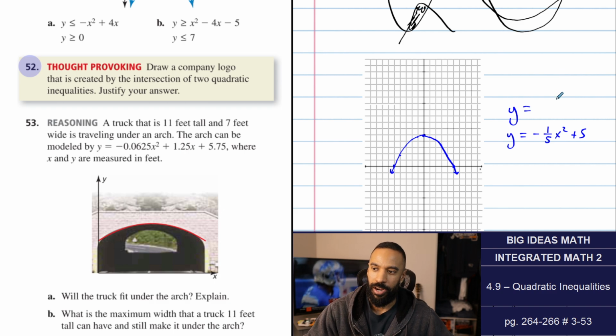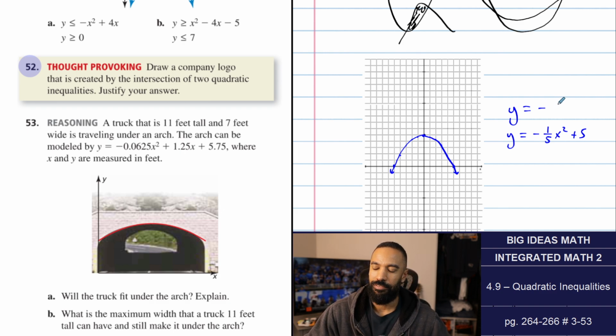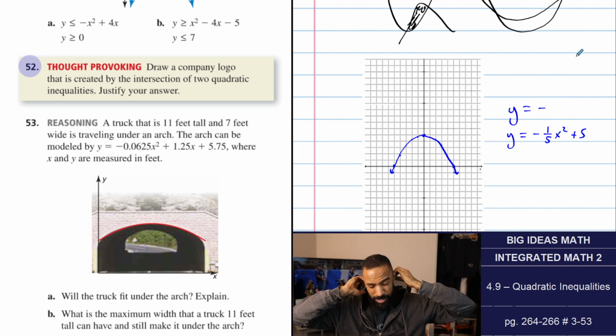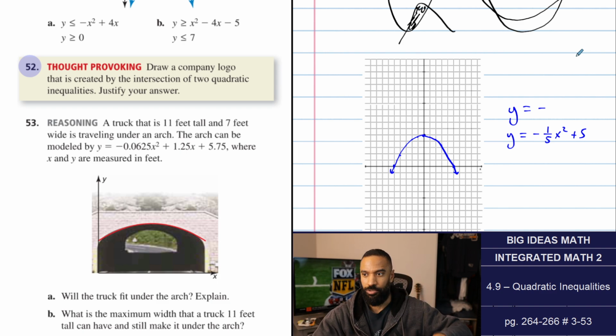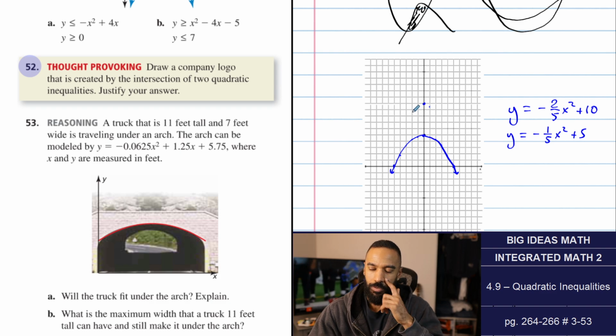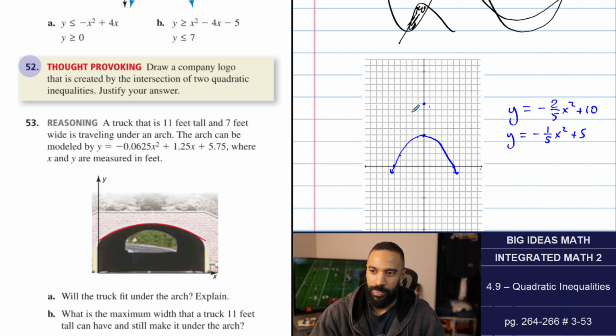They'll all be weird. I already created one that's weird. Over 5, instead of down 25, you're down 10. That's 2/5. Negative 2/5 x squared plus 10. So this is like that. So 2/5. What's 2/5 of 4? 8/5. It's 1 3/5.